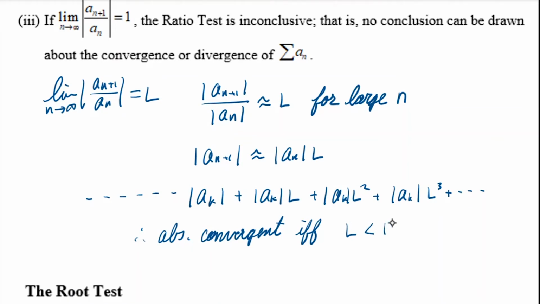Well, absolute value. Because we already took the absolute value, so we know L is positive. You know what I'm saying? So this works kind of like a geometric series. Eventually, if the ratio test gives you a finite number, what that means is after so many thousands of terms, this thing will eventually mimic a geometric series. You get it?